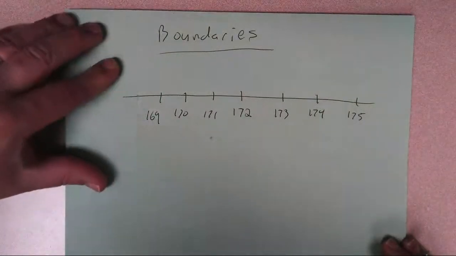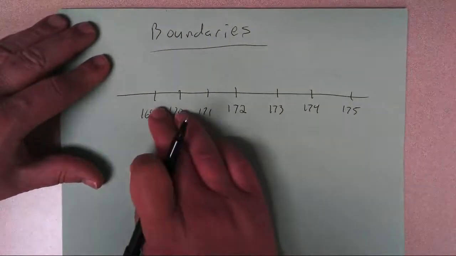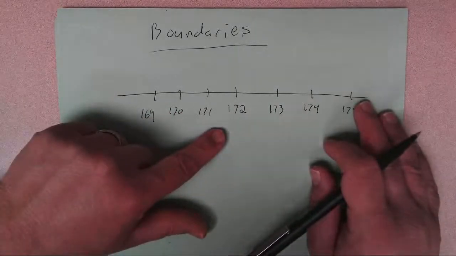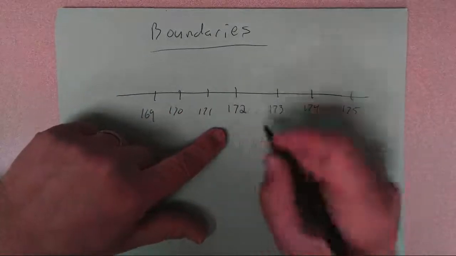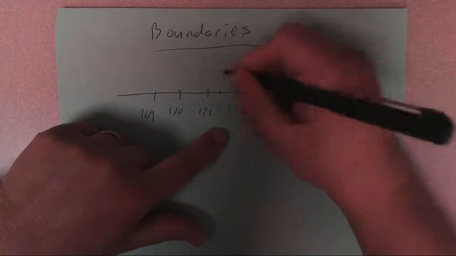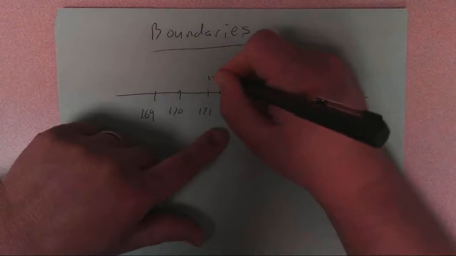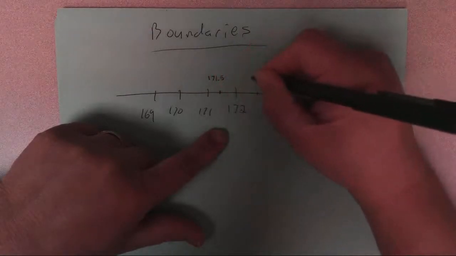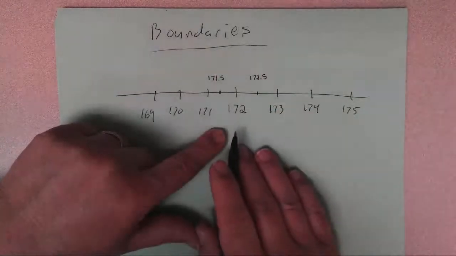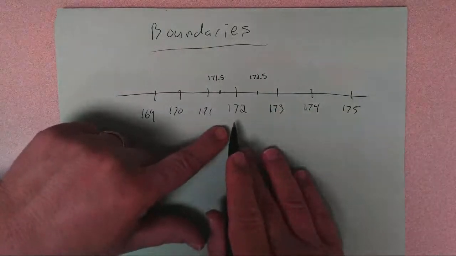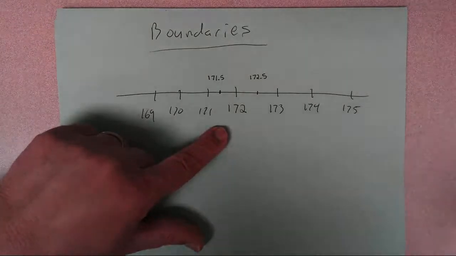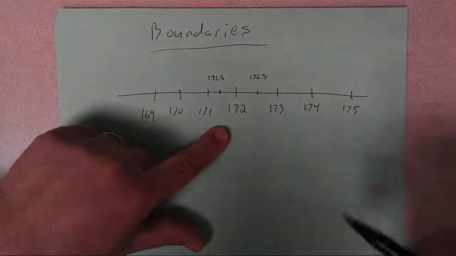Okay, so here's the scale, and if I'm measuring to the nearest pound, okay, if I go halfway between these two, this would be 171.5, 172.5. And so if I were measuring to the nearest pound, then that probably means I step on the scale and then it rounds to the nearest pound.